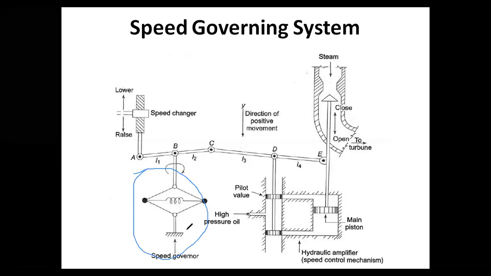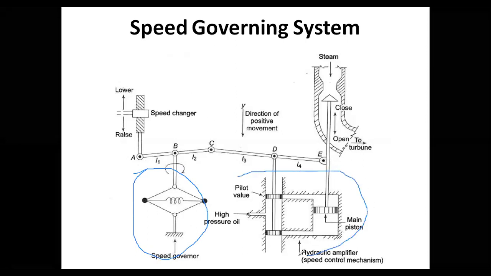This portion is called the flyball speed governor system. This part is called the hydraulic amplifier, which will control the main piston. There is some linkage mechanism or lever mechanism, which is denoted by this. And at last we have a speed changer.